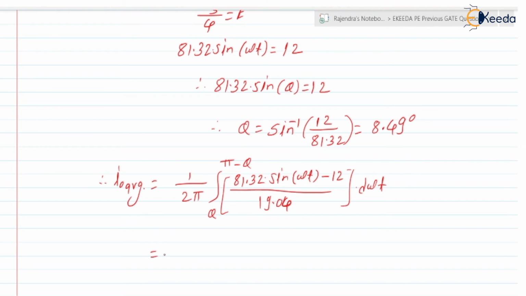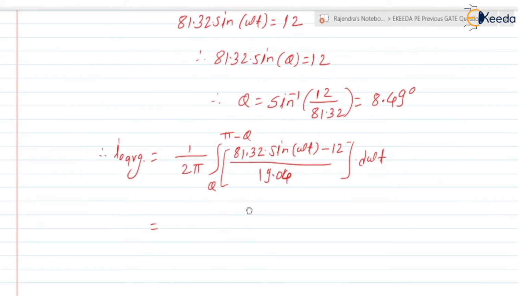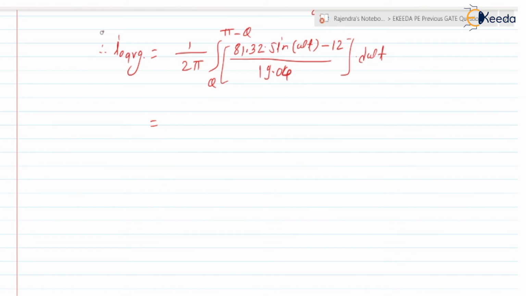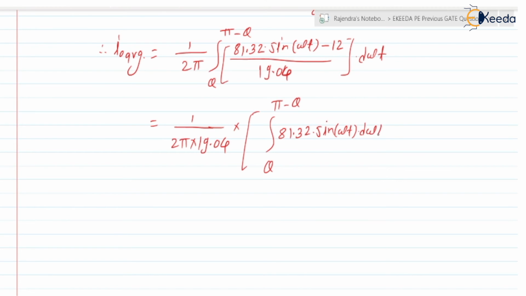So we can write, please take 19.04 outside, so it is 1 upon 2 pi into 19.04 into integration from theta to pi minus theta of 81.32 sine of omega t d omega t, minus 12 into integration from theta to pi minus theta.